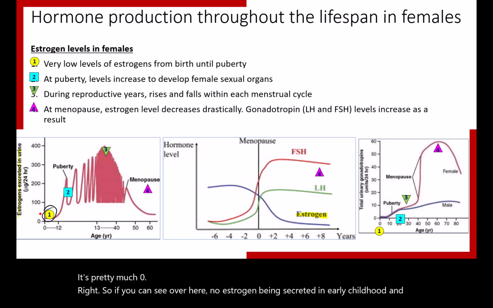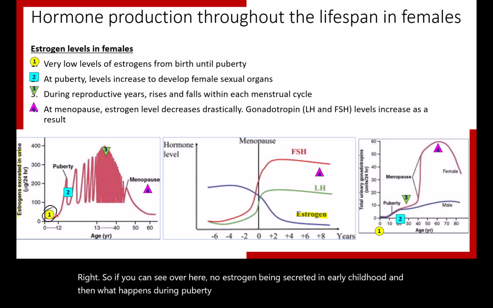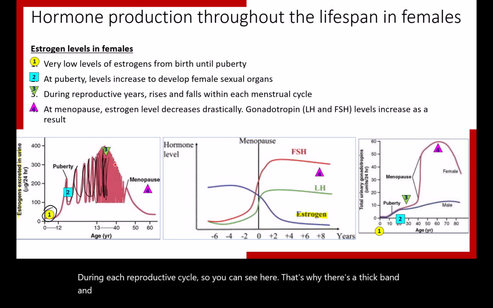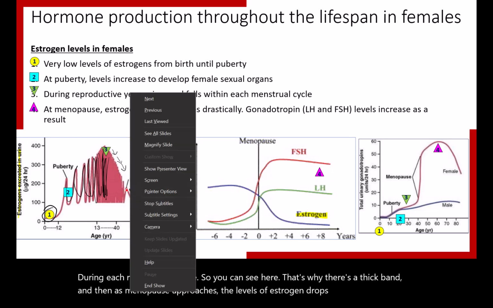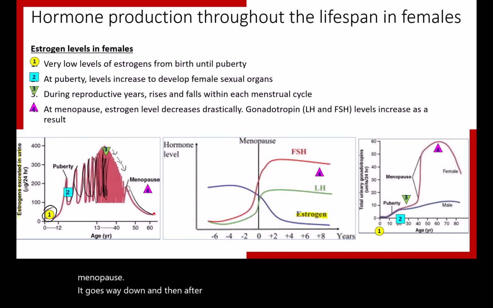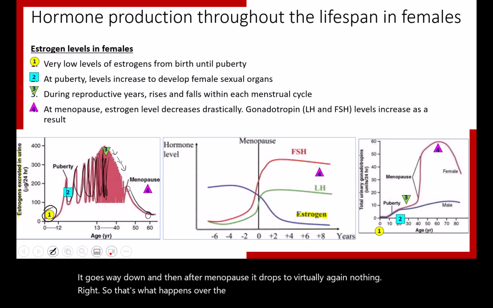And then what happens during puberty is the levels of estrogen being secreted goes up. And then it goes up and down during each reproductive cycle. So you can see here, that's why there's a thick band. And then as menopause approaches, the levels of estrogen drop until during menopause, it goes way down. And then after menopause, it drops to virtually, again, nothing, right? So that's what happens over the lifespan of a female.